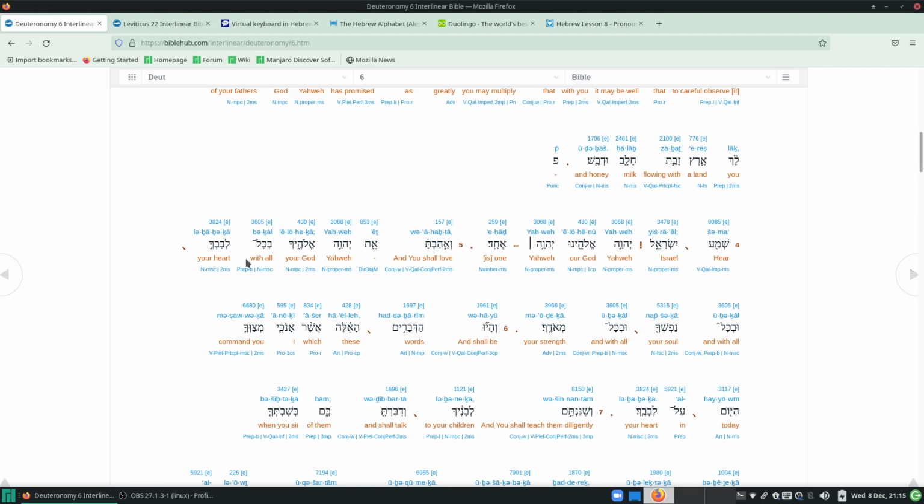Remember we studied bet and lamed last time, and here we will see the letter kaf. Levav or lev is heart. This cha at the back actually denotes a singular you. So it denotes that it belongs to a singular you.